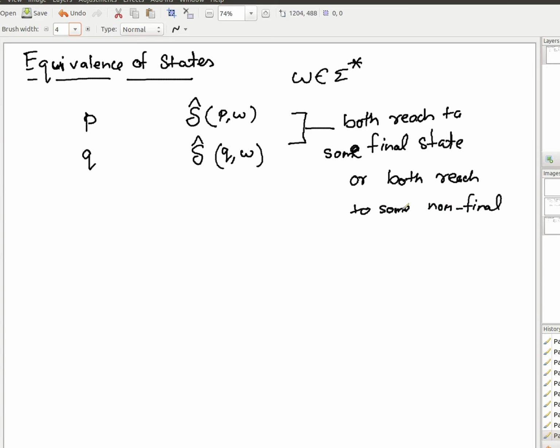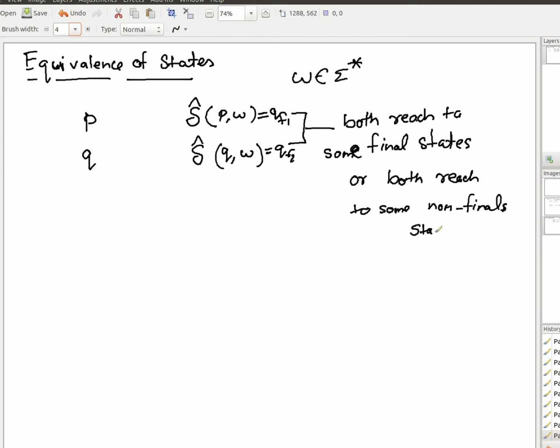What I mean to say is that if delta cap P,W goes to a final state, delta cap Q,W should also go to a final state, and in addition to that, this might be some QF1 and this might be QF2, still that's okay. It doesn't matter if they go to the same state, that is not the question. The question is about either both reaching some final states or both reaching some non-final states.